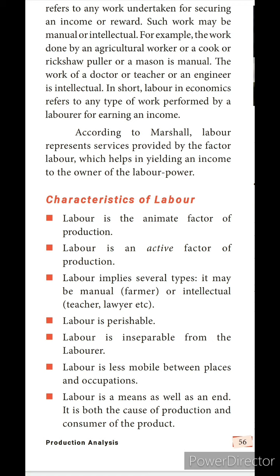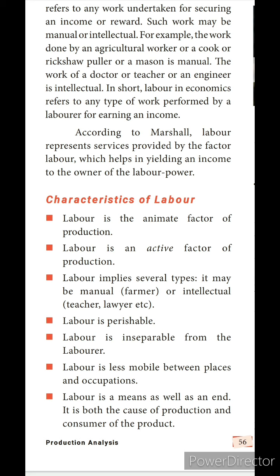That means without the labor, there is no laborer, the owner. Okay. Without the labor, there is no owner, and without the owner, there is no labor. Labor is less mobile between places and occupations. That means mobile means moving from one place to another. That is less mobile only they are saying. Labor is a means as well as an end.